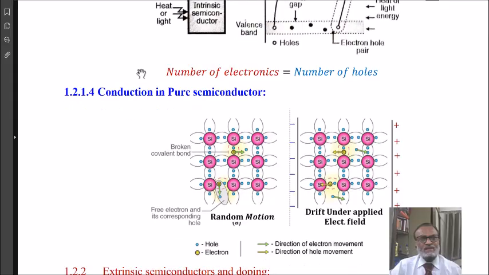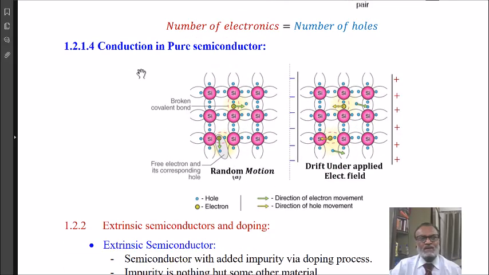Let us see the process of conduction in pure semiconductor. Here in the figure, when no external field is applied to the semiconductor and if we are operating at room temperature, some of the electron hole pairs are generated due to the thermal energy supplied.